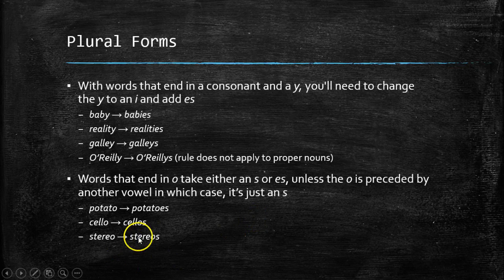However, we have a concrete rule for words ending in O preceded immediately by another vowel. Those will always just be S. So if the singular ends in an O, you're either going to add the S or the ES. You'll just have to look it up in the dictionary. But if it ends in a vowel plus the O, then you know it's always just going to be S.